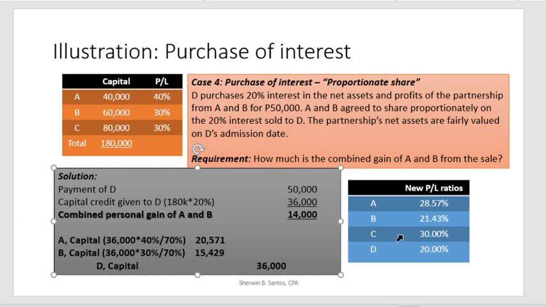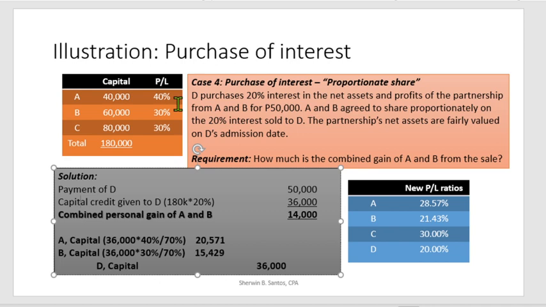Kasi wala namang nangyaring transaction kay C. So, same at 30%. Dito tayo may babaguhin kay A at kay B. So, ano ang gagawin natin to arrive at a new profit and loss sharing ratio for A and B? For A and B, tingnan lang natin yung dati niyang profit and loss sharing ratios, which is 40 and 30.